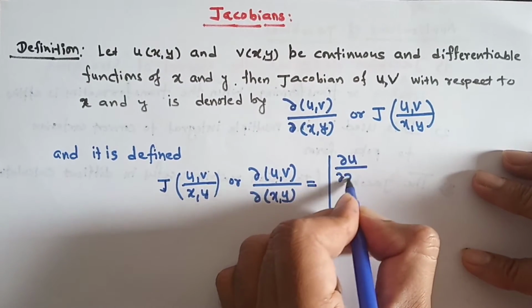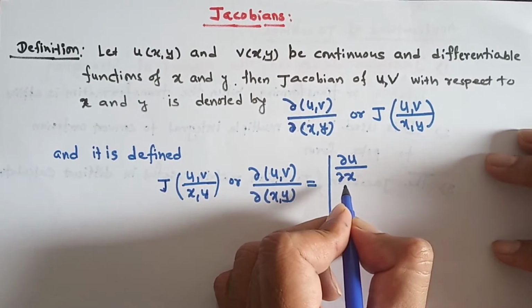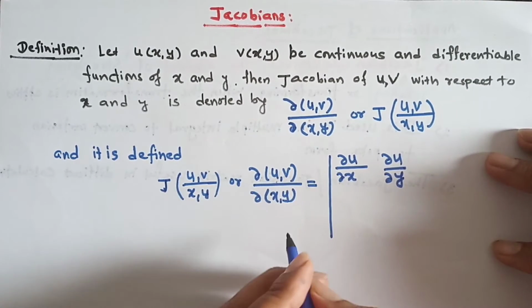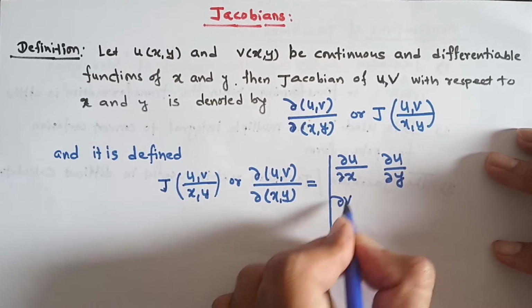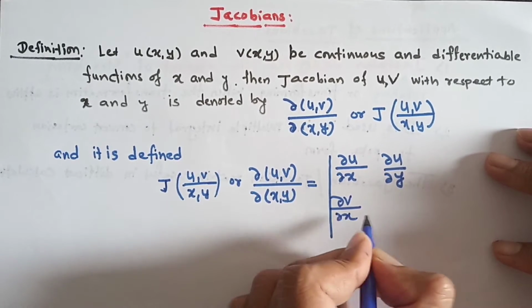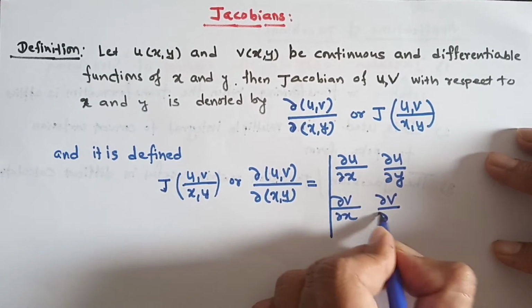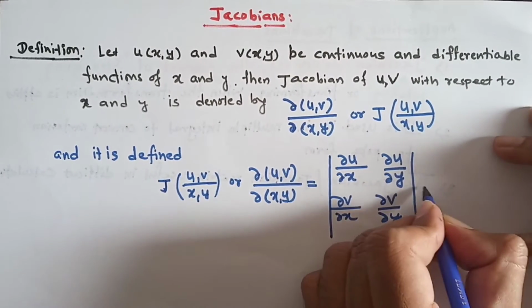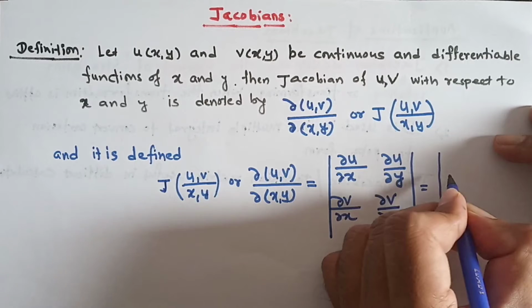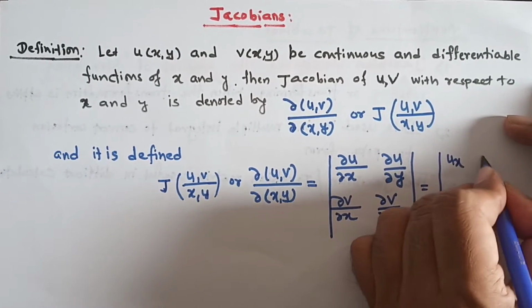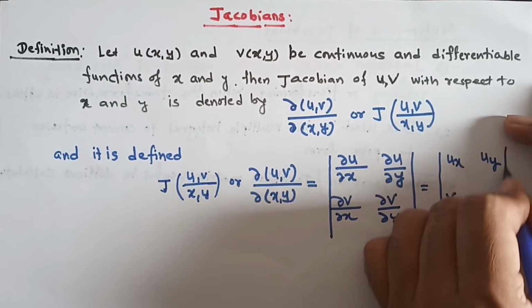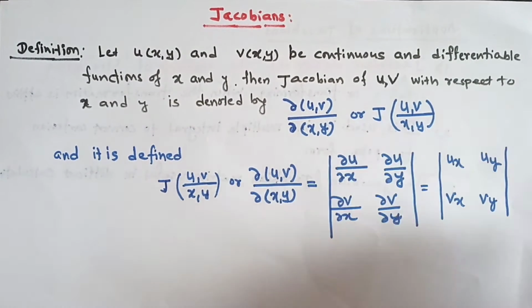First row is partial derivative of u with respect to x, u with respect to y. Second row is partial derivative of v with respect to x, v with respect to y. Or we can also denote this as u_x, u_y, v_x, v_y. So in this notation we can also write the Jacobian.